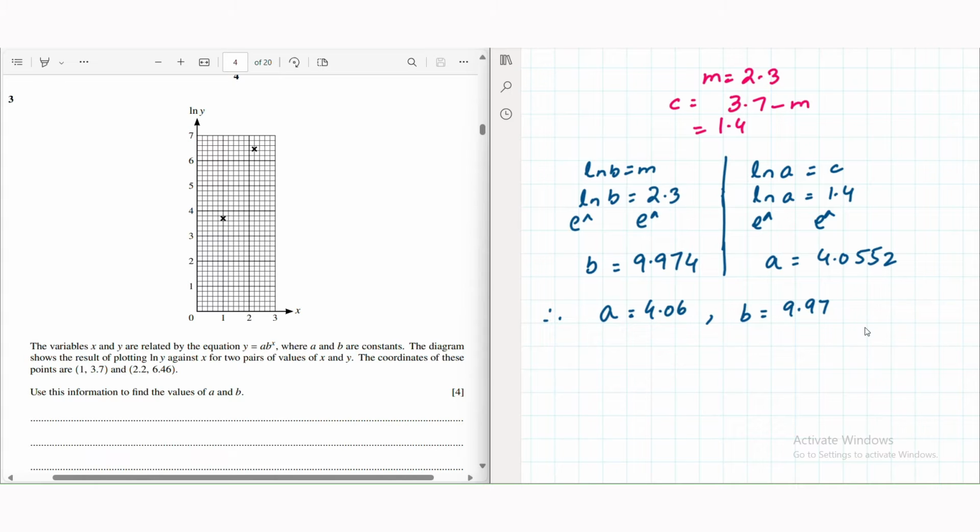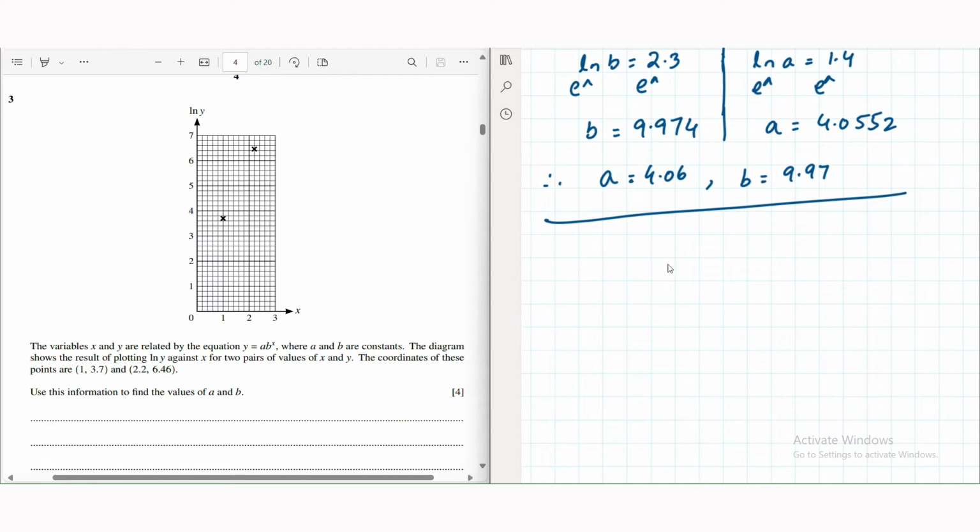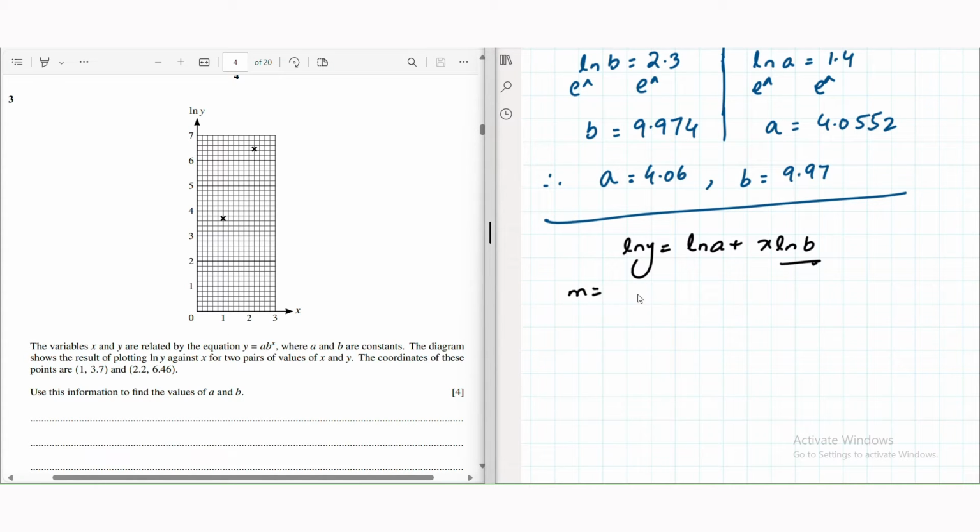And that's about it. Another way we could have solved this is, since we know that the graph is between x and ln y, we could use this to find out the gradient. We know that ln y equals ln of a plus x ln b. So we know that the gradient would be equal to this. So we find out the gradient, that would be 6.46 minus 3.7 divided by 2.2 minus 1.